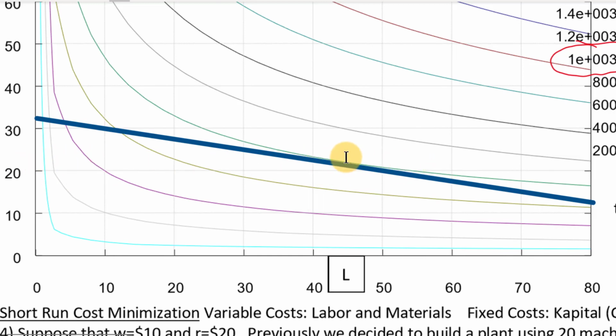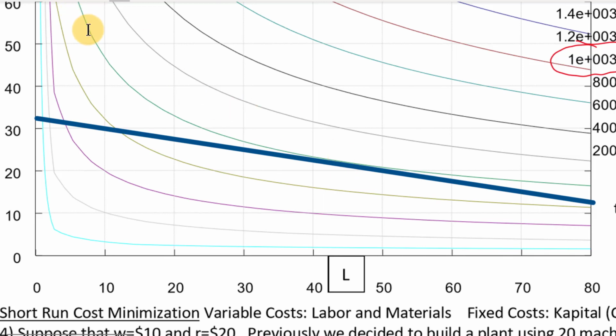So what we're trying to do when we find a tangent point is we're trying to find a point on this Isoquant where we're getting 1,000 units of output, where the slope, if it's just tangent at one point, the slope of the Isoquant is going to be equal to the slope of the Isocost. So our two equations for solving this kind of problem are going to guarantee those two things.